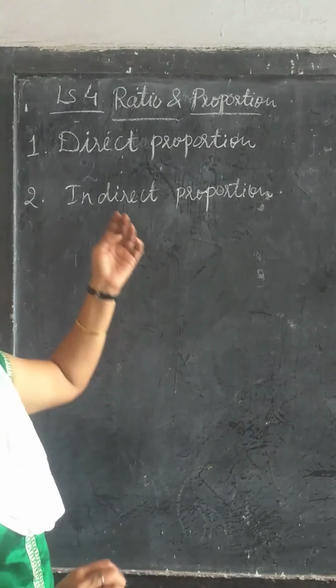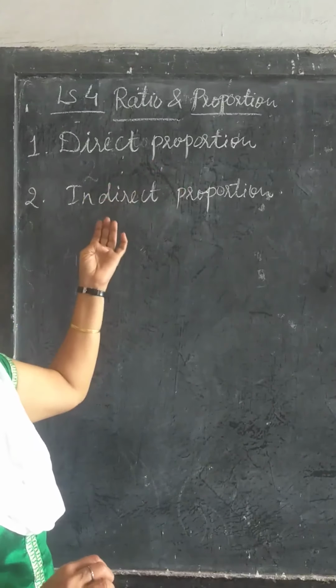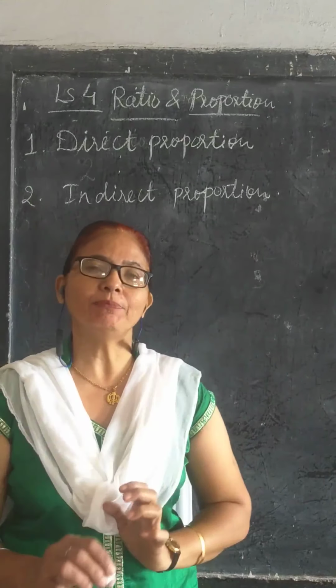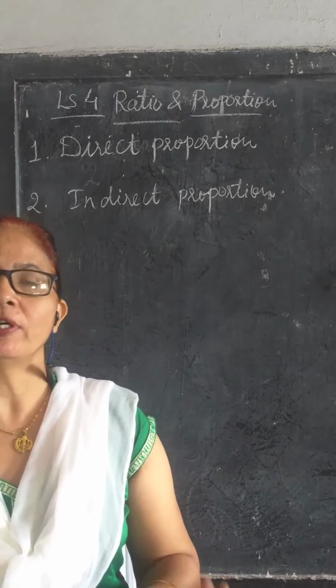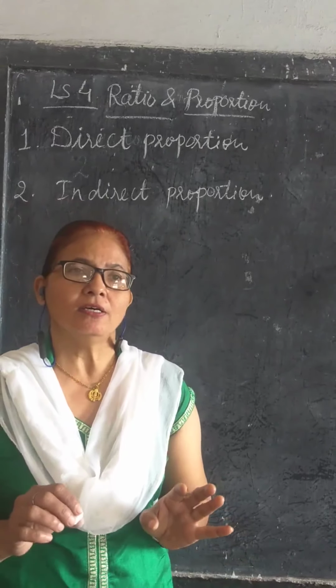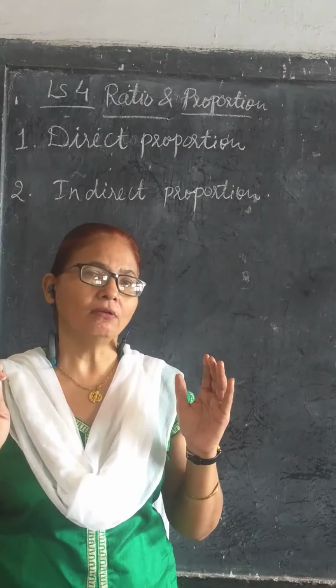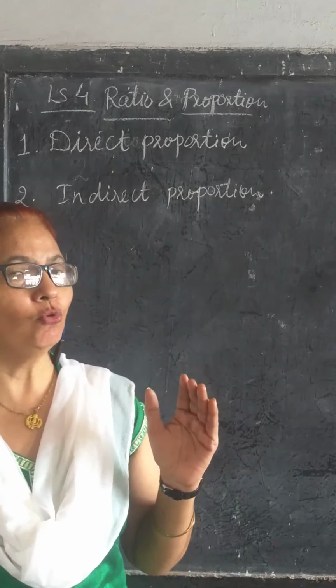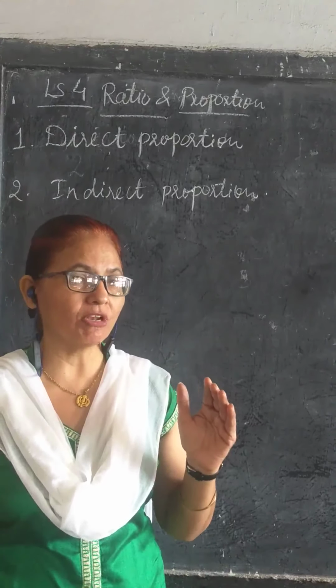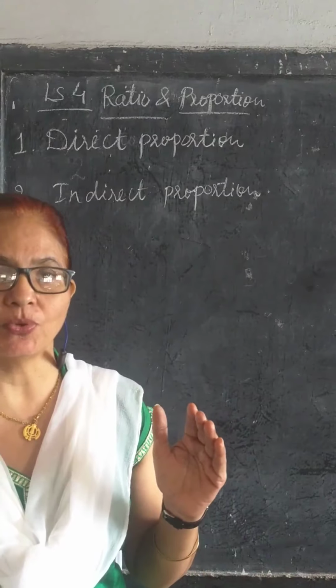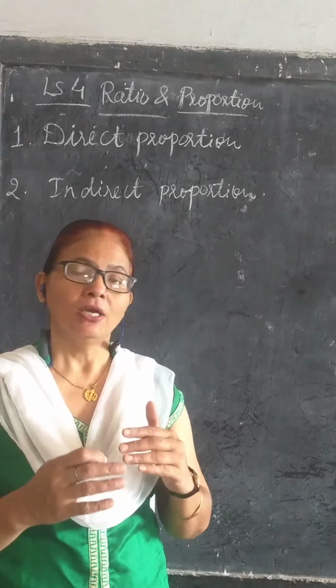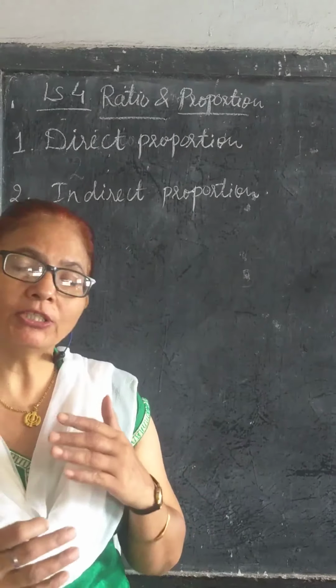Now there are two types of proportion, direct proportion and indirect proportion. Let me give you a very simple example from your daily life. Suppose you have much money, so you can purchase many items. And if you have less money, you will purchase fewer items. So what does it mean?